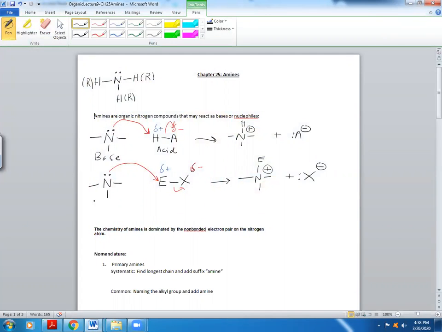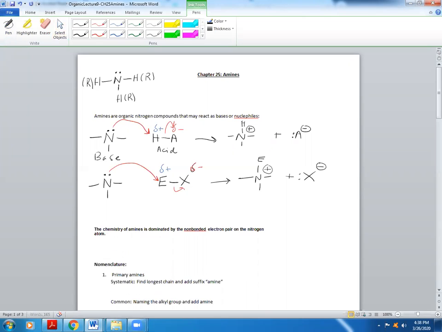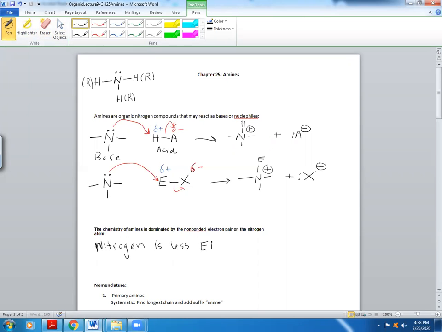So here, I'm going to write this down. Nitrogen is less electronegative than oxygen, let's say.